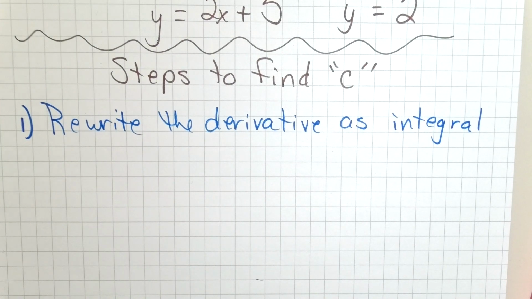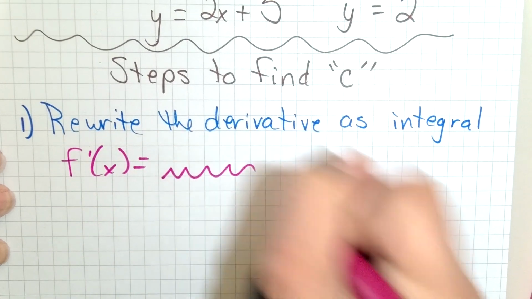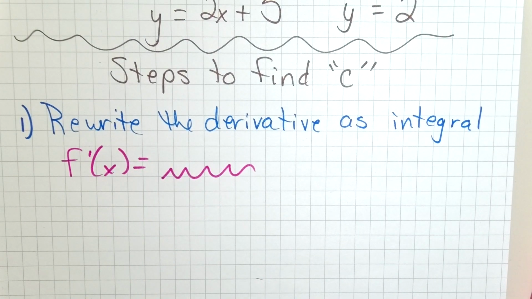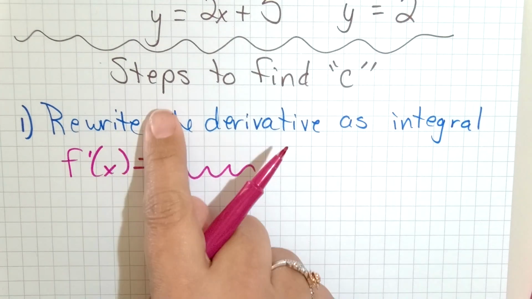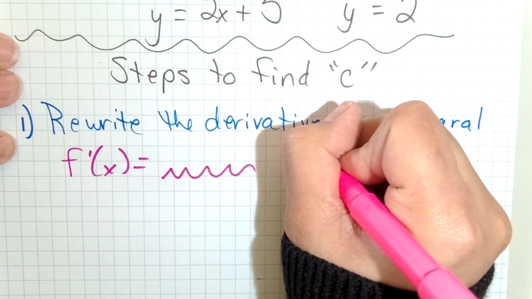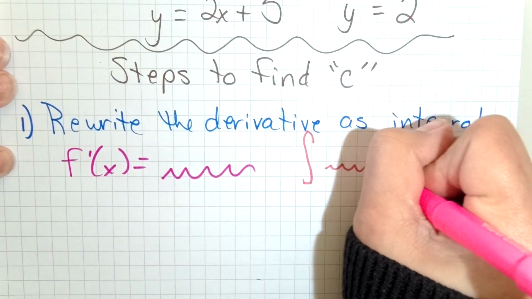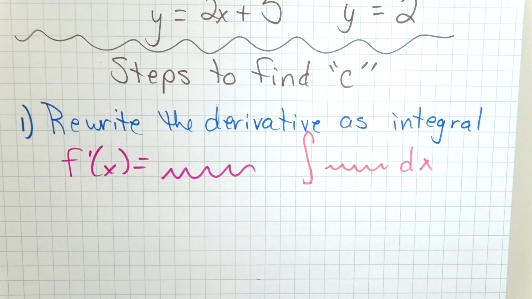So your problems will say f prime of x is equal to some function, or y prime is equal to something, or dy dx is equal to something. What I mean by write as an integral, remember the integral sign is that long s, and then you're going to put the function dx, okay?